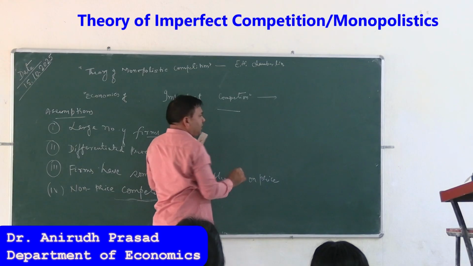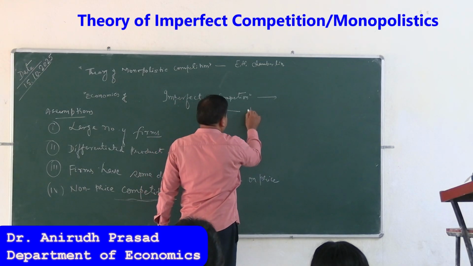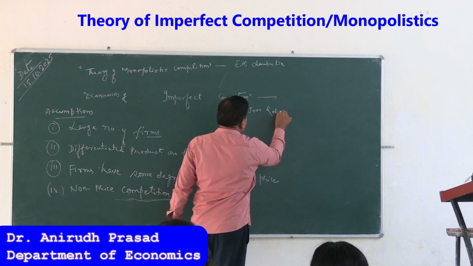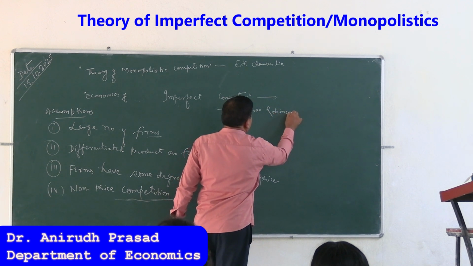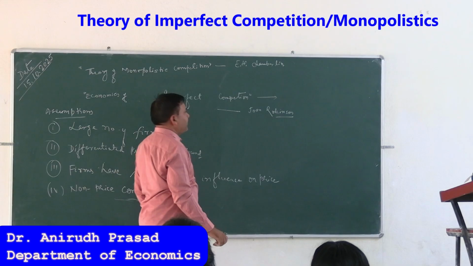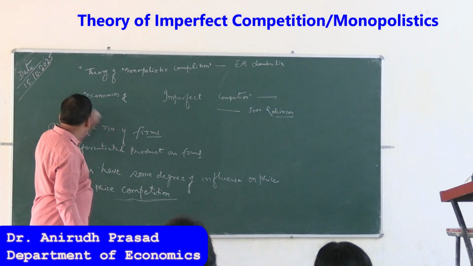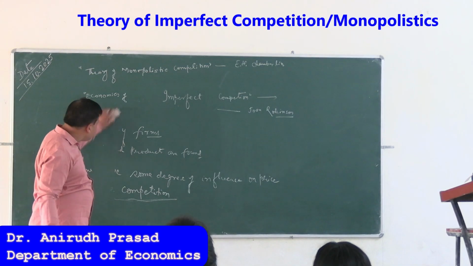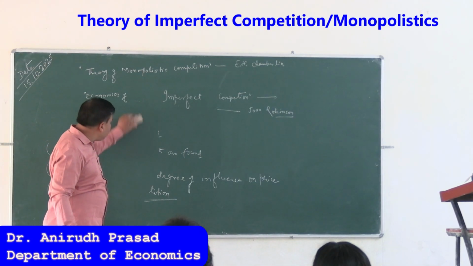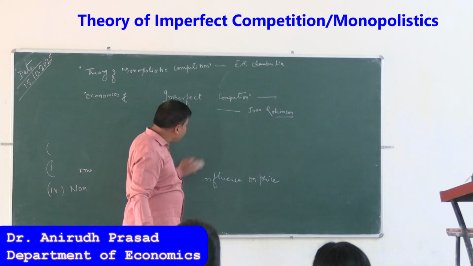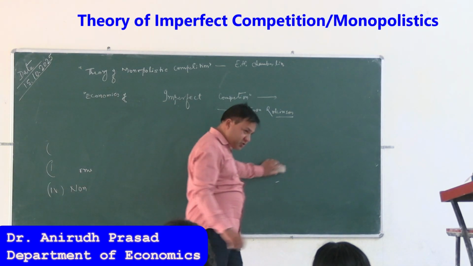This article is written by John Robinson. So therefore, monopolistic competition or imperfect competition is used simultaneously or interchangeably.